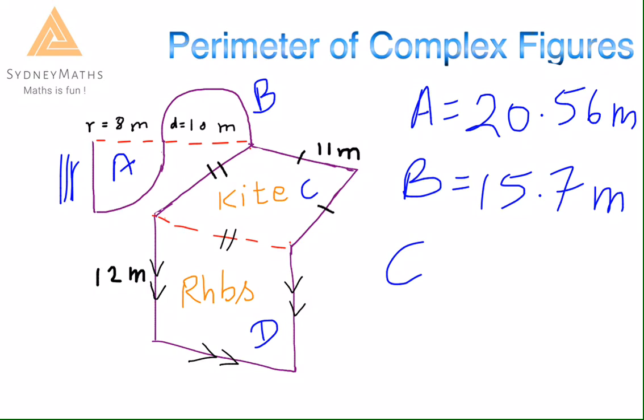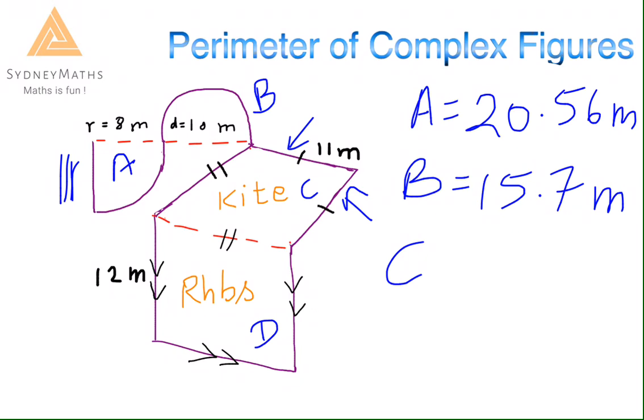Let's look at part C now. Part C is a kite. A kite is a shape where there are 4 different sides and 2 sides are equal to each other and the other 2 sides are equal to each other. So in this case, this particular side and this one here are equal to each other.